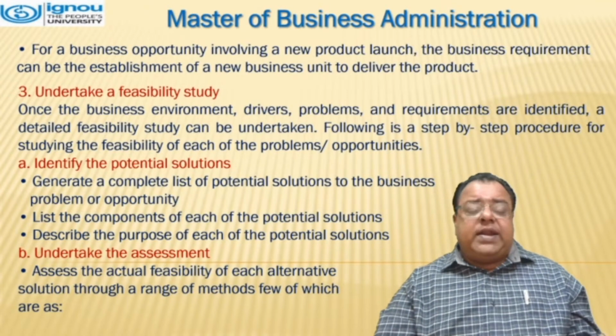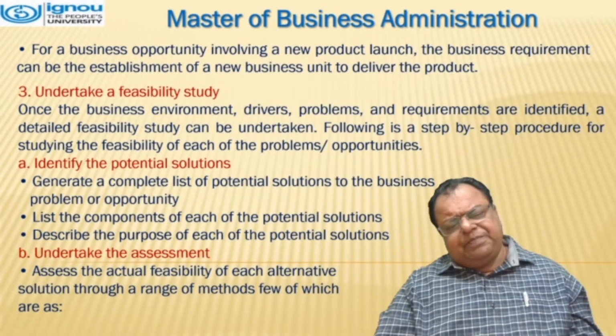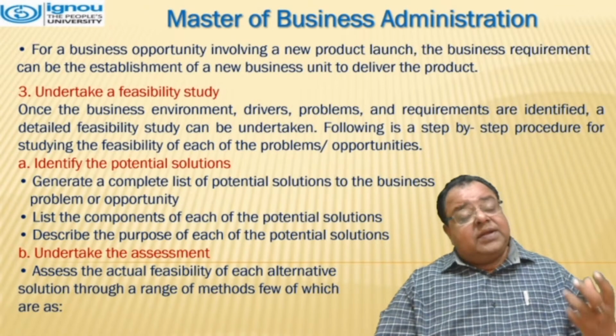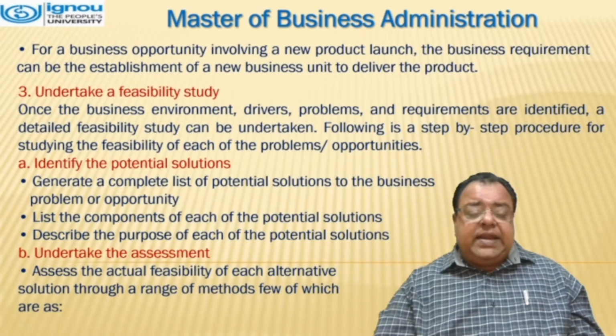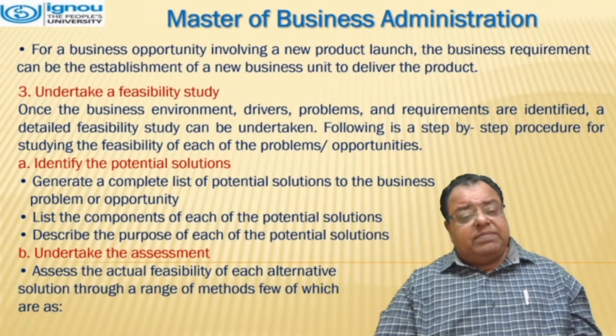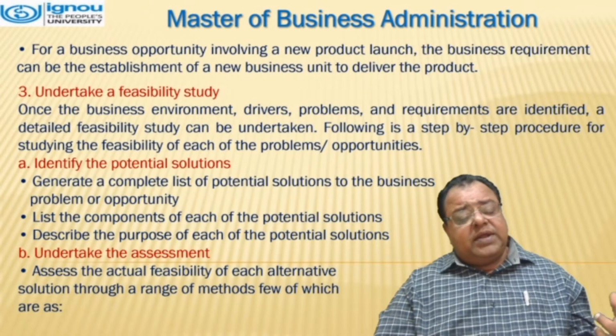Thirdly, to undertake a feasibility study. Once the business environment, drivers, problems, and requirements are identified, a detailed feasibility study can be undertaken. Following is a step-by-step procedure for studying the feasibility of each of the problems and or opportunities.